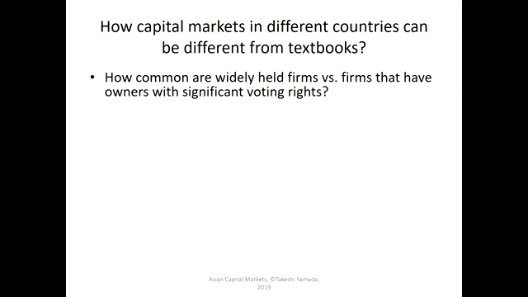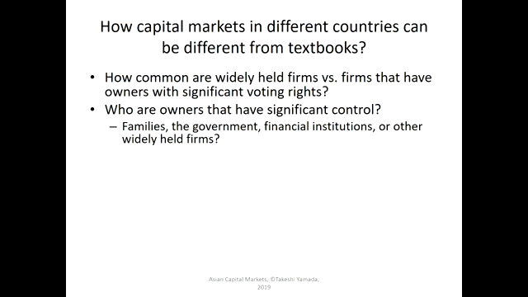We already saw some evidence in the previous table. So the next question is, who are these people? Are they families, the government, the banks, or other firms? Those are the things that we have to see first.